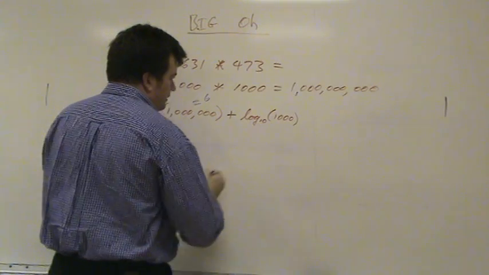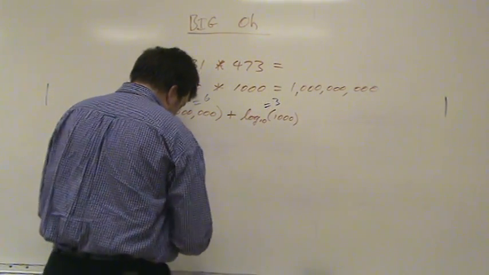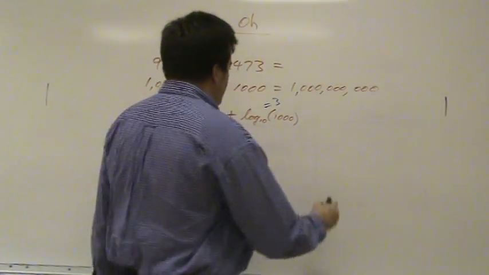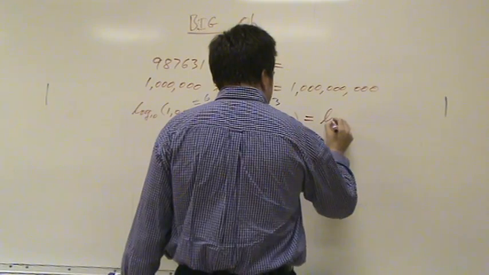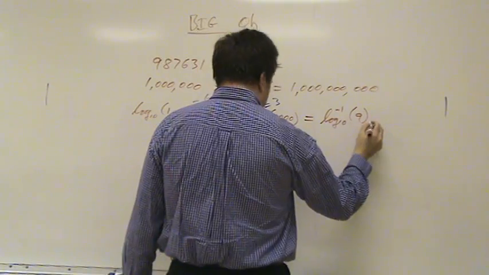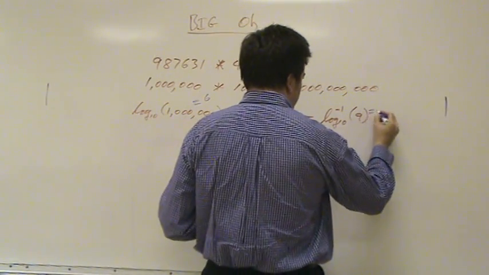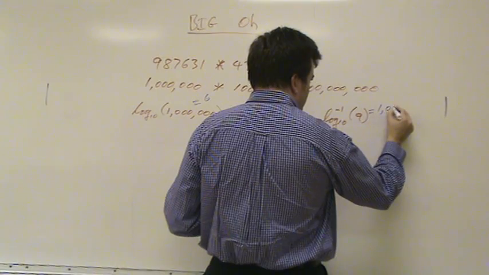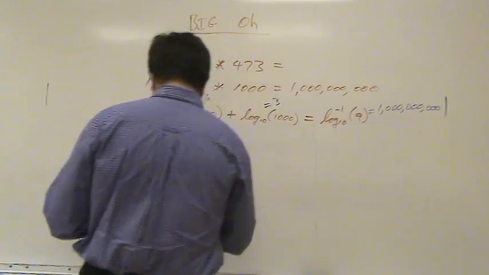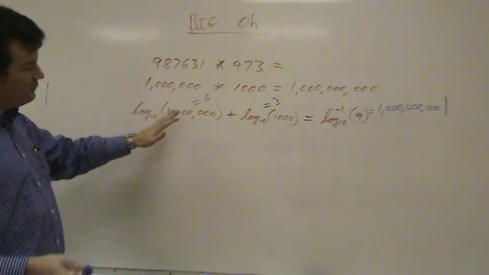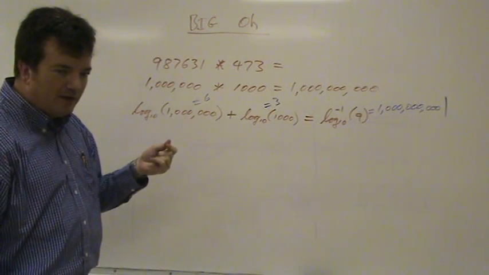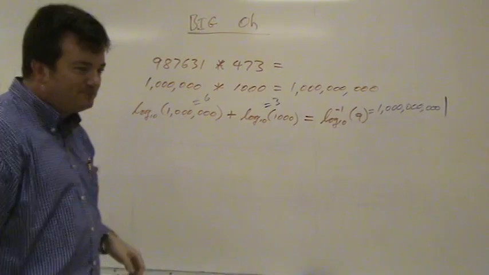Which is 3. Then you added 6 plus 3 and got 9. Then you took the inverse log base 10 of 9, and this equaled 1 billion. You used logs, you just didn't realize it. What you really probably did was count how many zeros are in each number, add them together, and write out the new number with that many zeros.